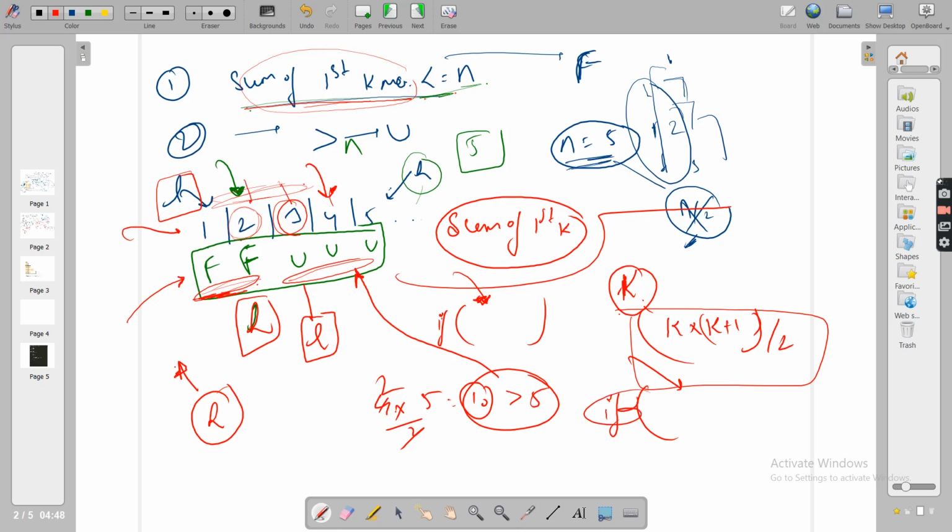So in the if condition you have to write some function that checks whether the sum till the mid value is lesser than or equal to n. Then that if condition will be true and it will be favorable, and otherwise it will be unfavorable.